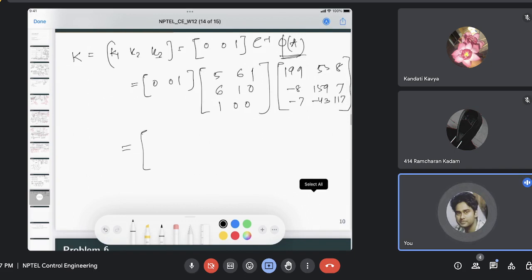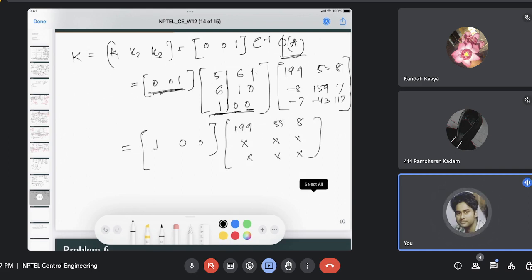Then you see that in the last element, if you multiply this row with this column, only this element will come, right? The first column gives 1, the second column 0, and the third column 0, because this 0 0 will multiply with the other elements, so I don't care whatever is in the end.